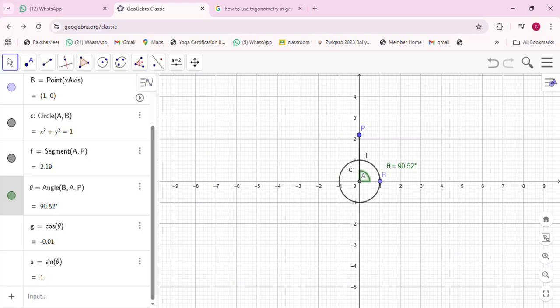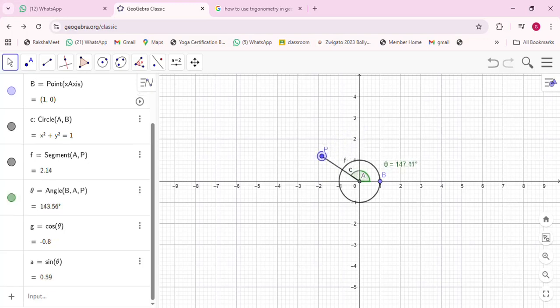So in this way you can study the angles and the sine and cosine of the angle. Move the point and you will get the sine and cosine.